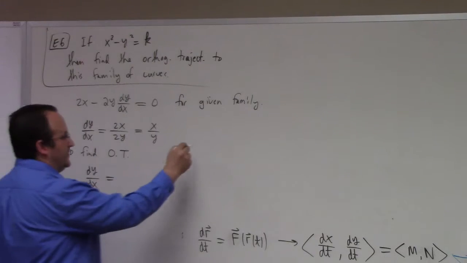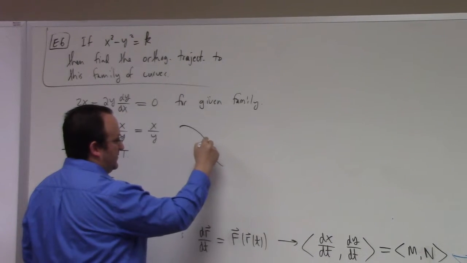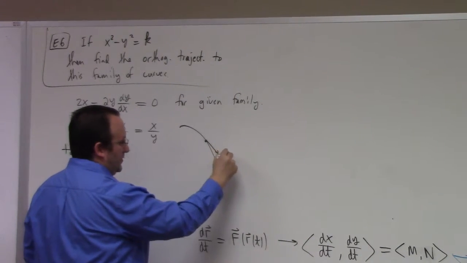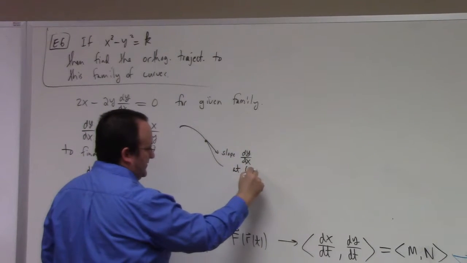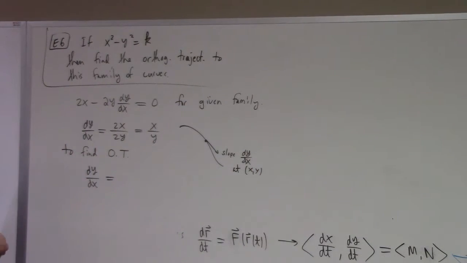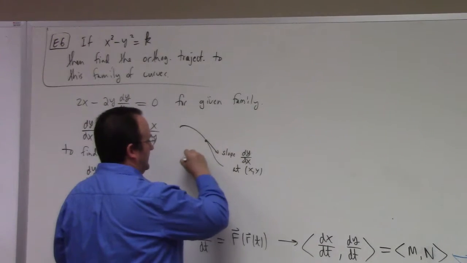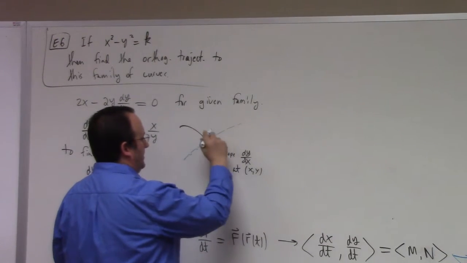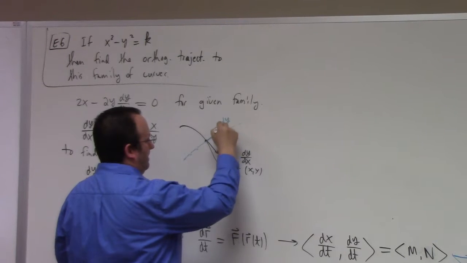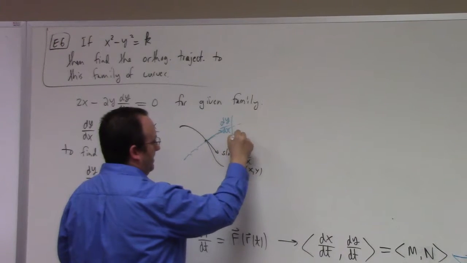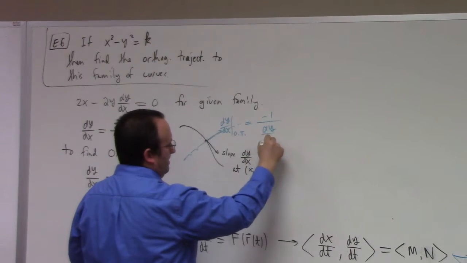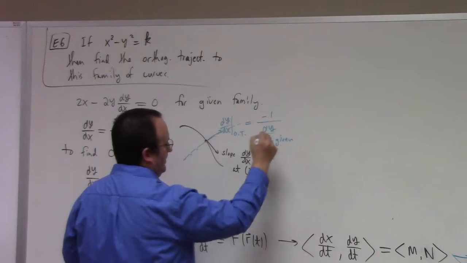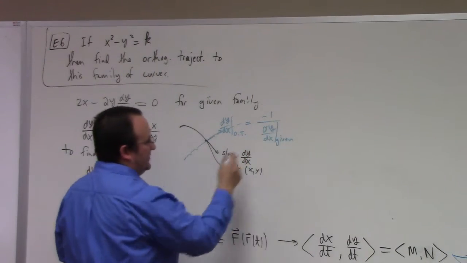Draw a picture of it, right? If this is the point x, y on the original curve, this has slope dy/dx at this point. So the orthogonal trajectory is something like this, right? And so it has slope... there are two different dy/dx's going on here.